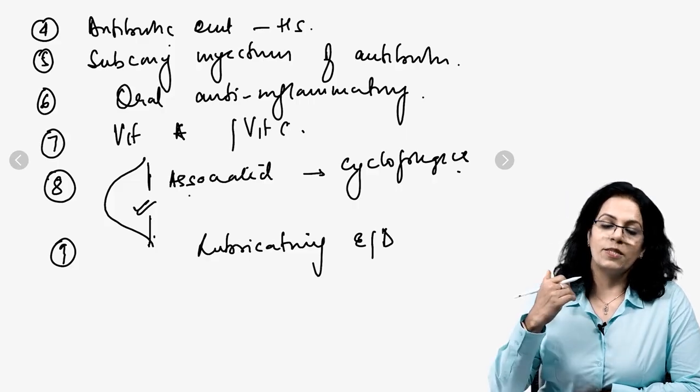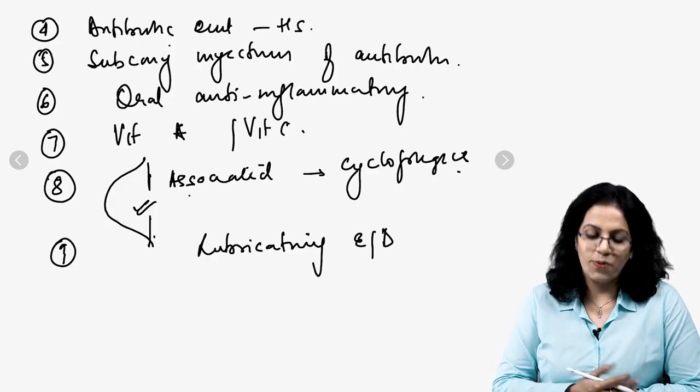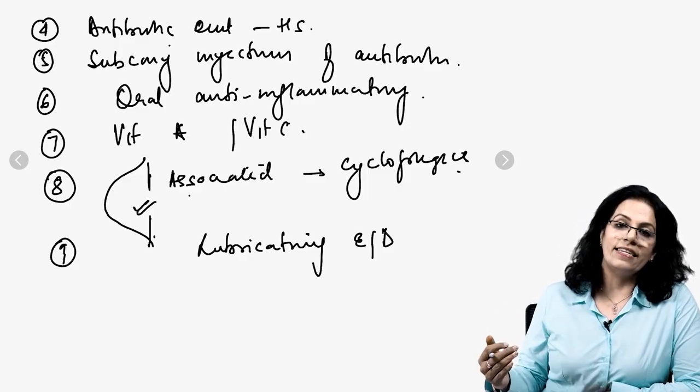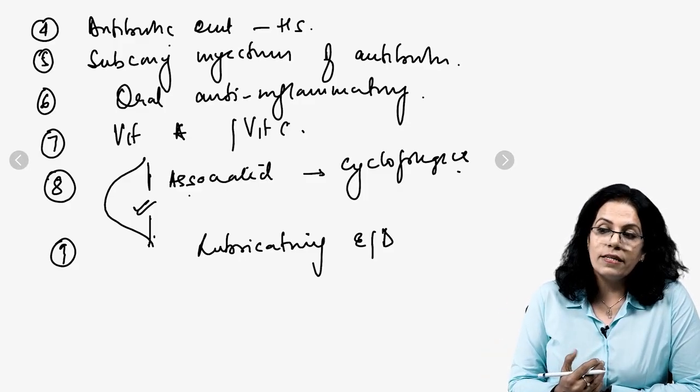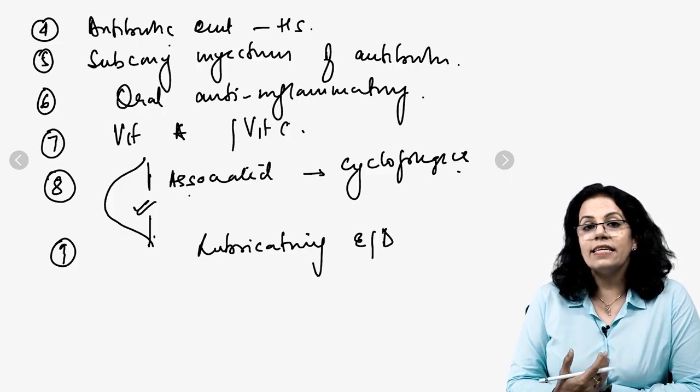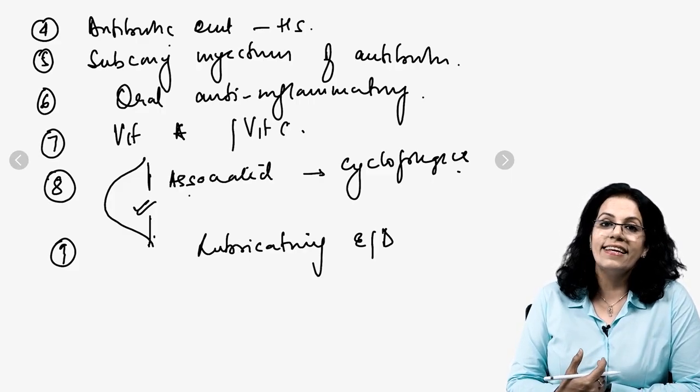Right. Once we know this, is there any role of a systemic antibiotic? If you suspect Neisseria gonorrhea or Neisseria meningitis, because then the involvement systemic spread is a chance, right? So, write down number 10.